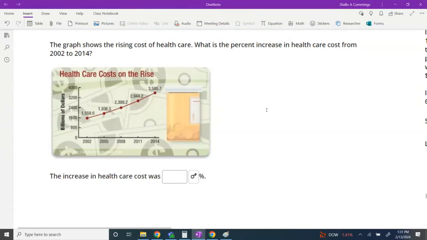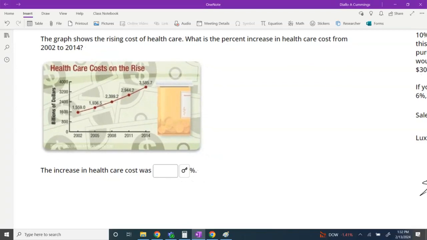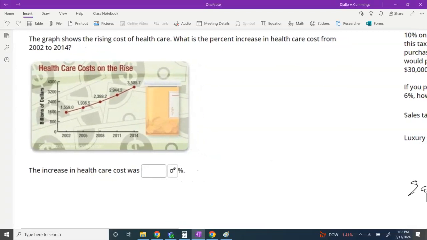For this particular problem, I will have to utilize the percent increase or decrease formula, right? So the first thing I want to do is find the change in amount.